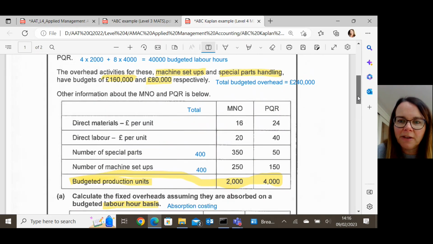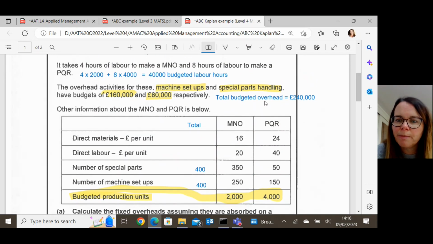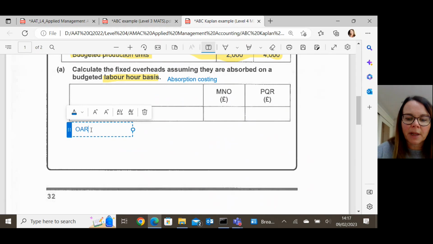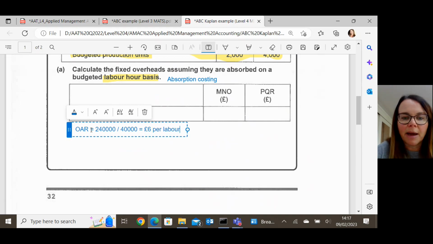Using traditional methods, that's going to be the total budgeted overhead, which was 240,000, divided by the total budgeted labour hours, which we calculated here as 40,000. So our OAR is 240,000 divided by 40,000, which gives us £6 per labour hour.